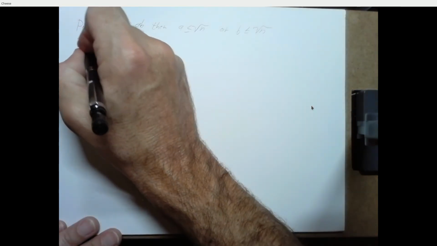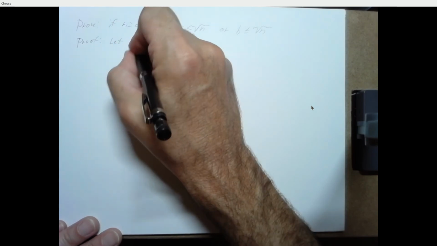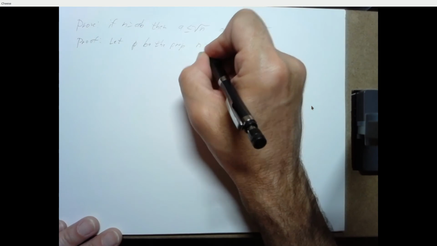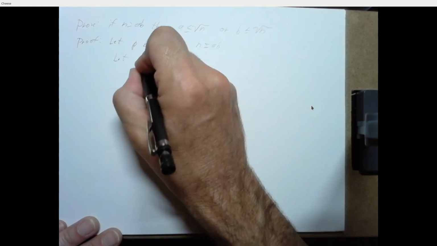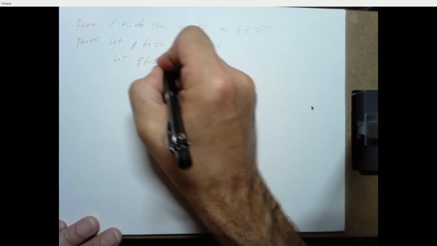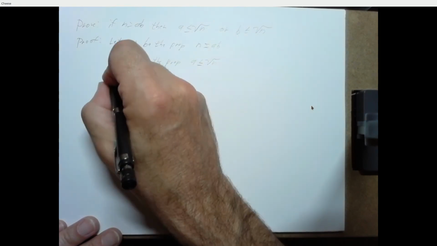Well, how do we prove this? Let P be the proposition n equals a times b. Let Q be the proposition a is less than or equal to the square root of n.